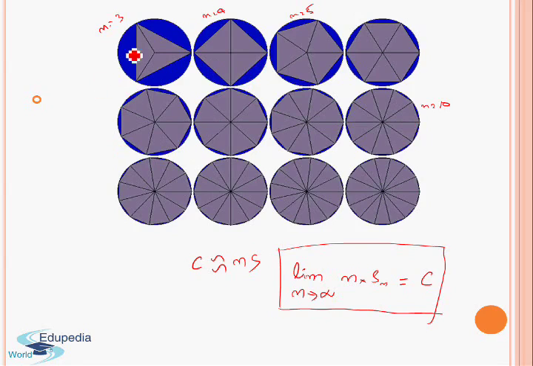As the value of n increases, the length of the sides, this length, gets reduced and reduced and reduced. So as the value of n increases, the value of S_n decreases. So this product will have a finite value, and that finite value will be the circumference.